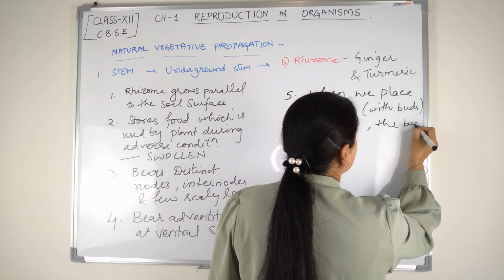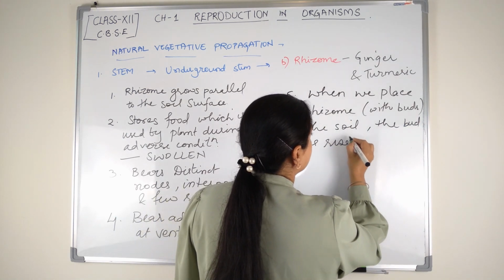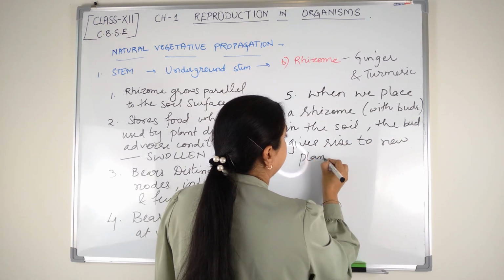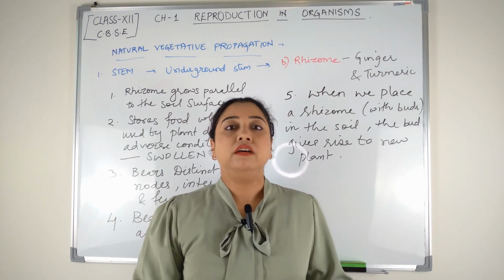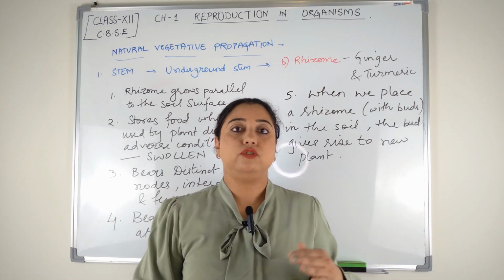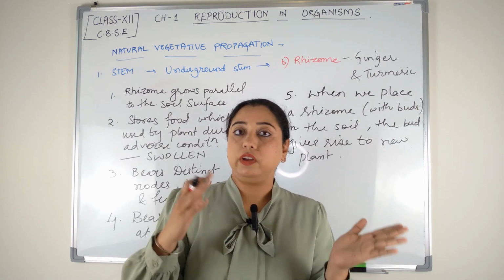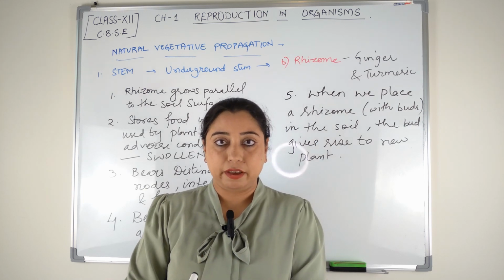The bud gives rise to a new plant, right? So this is about the rhizome, which is seen in the case of ginger as well as turmeric. Fine. Moving on to the third example of underground stem.